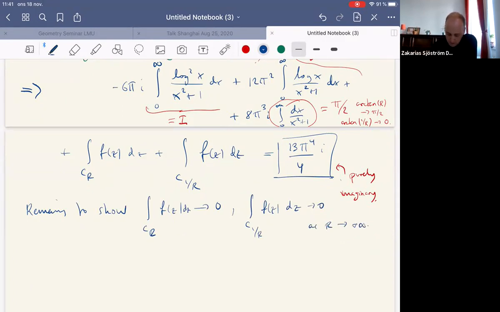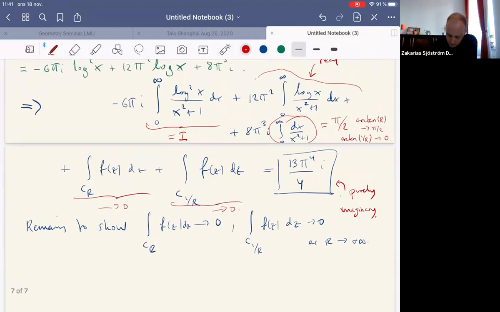And then we would be done, because let's just see what would happen. This one would go to 0, this one would go to 0, and then we would have just this elementary equation involving the integral that we are interested in, and we will be able to solve for this integral, since we know the value of each of these terms in the limit.